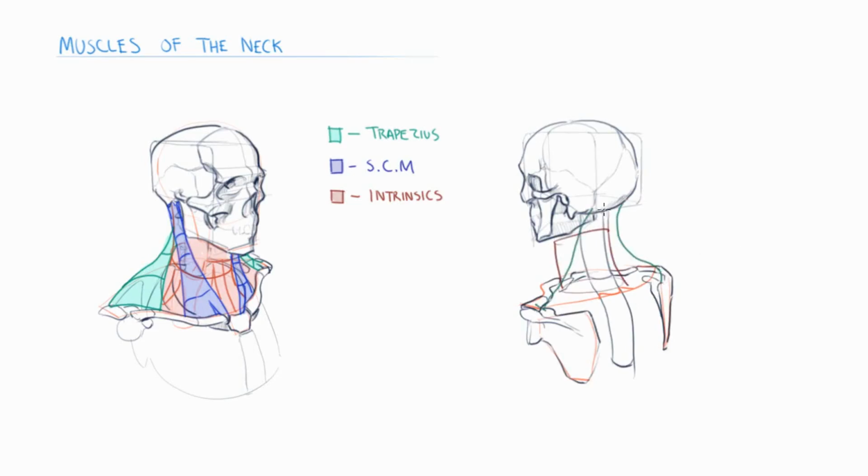Here again in red are the intrinsics. Now in green you can see the trapezius coming from the center of the back, around the scapula and to the base of the neck.